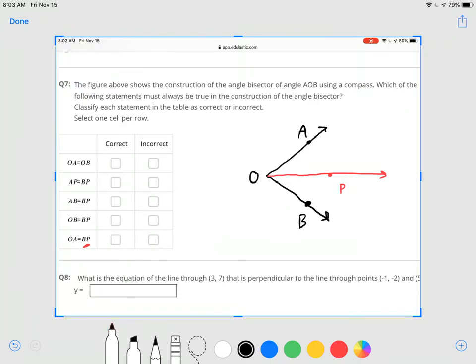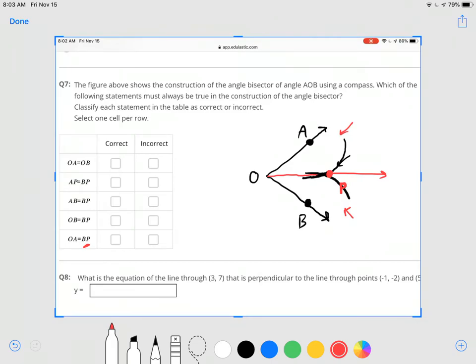Remember how you would find this point P: you would put your compass down at A and draw a circle that intersects P, and you would put your compass down at B and draw another circle that intersects there. That's how you get that point of intersection and draw the point P. Furthermore, these two circles have to have the same radius. That's an important part to filling in the table at the left.